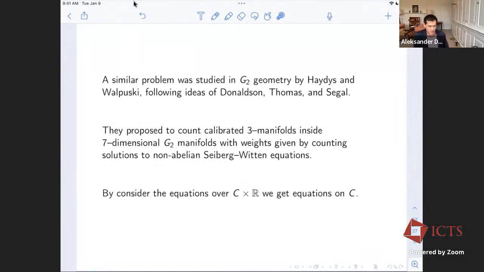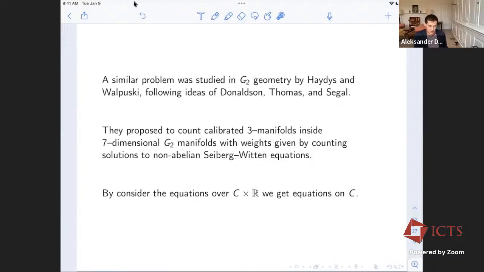So the upshot of this story is that you start with some 7-dimensional manifold with special holonomy, and you want to count, rather than holomorphic curves, calibrated 3-dimensional submanifolds, so in particular minimal 3-manifolds embedded inside that 7-manifold.